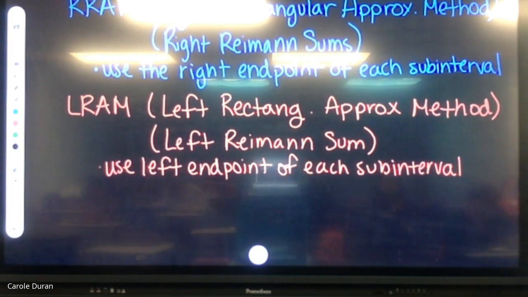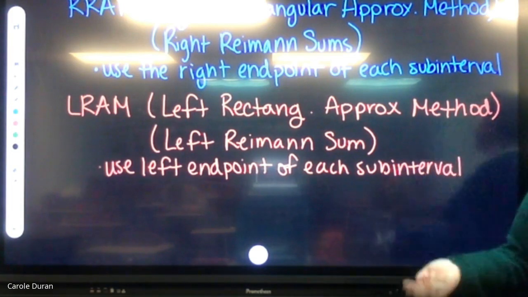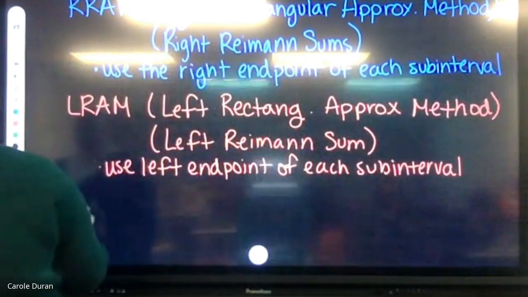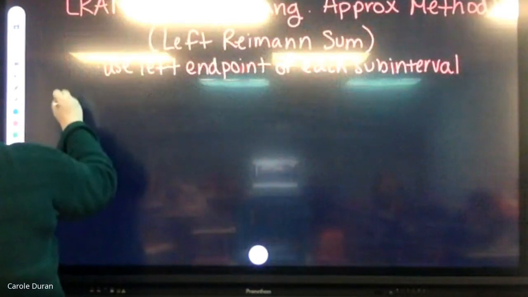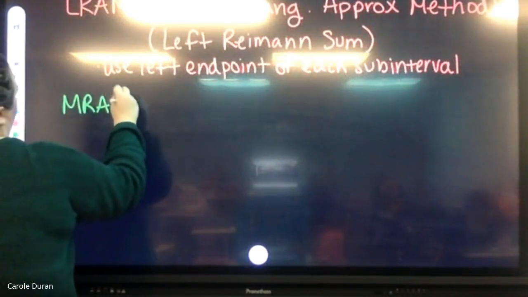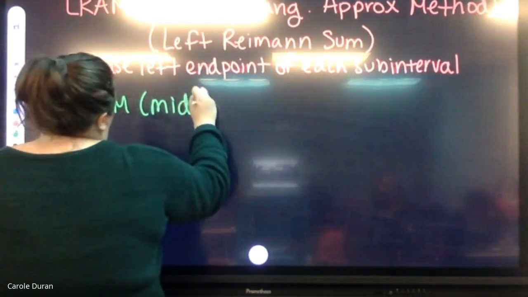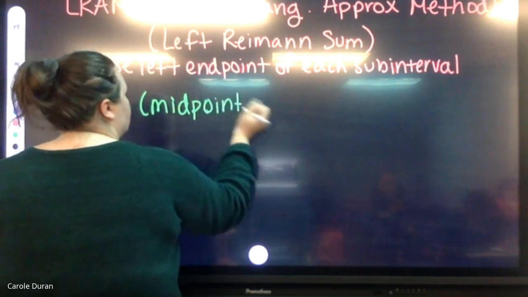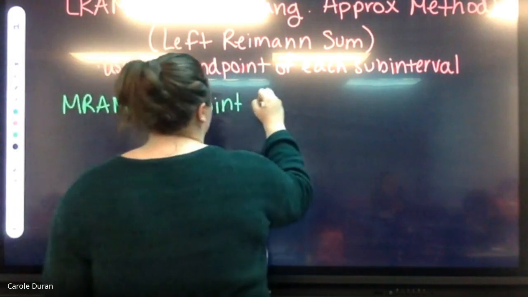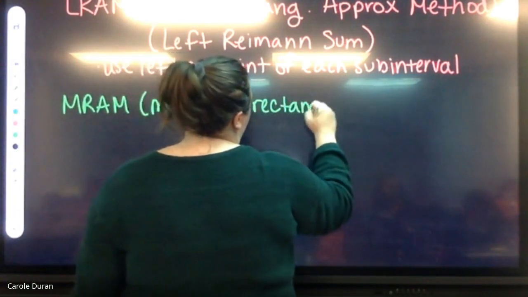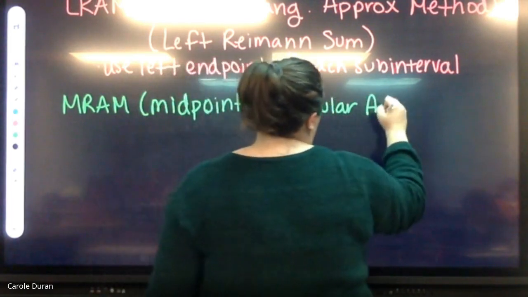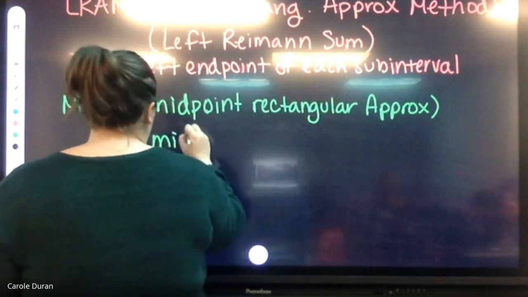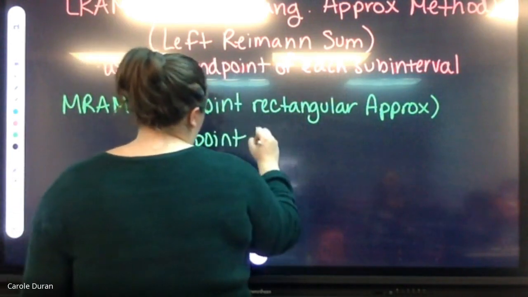So we have a right end approximation, we have a left end approximation. We can also have a midpoint approximation, which is MRAM, which is the midpoint rectangular approximation, or the midpoint Riemann sum.